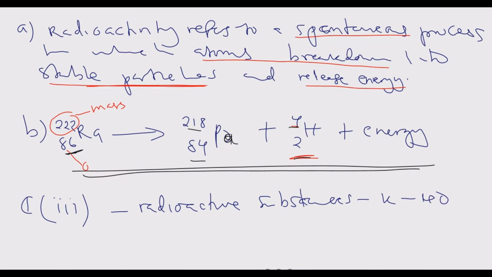Then we also have carbon 14. Then we also have radium. These contain radioactive elements. Number 2 is cosmic rays.